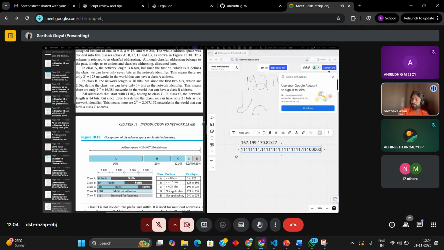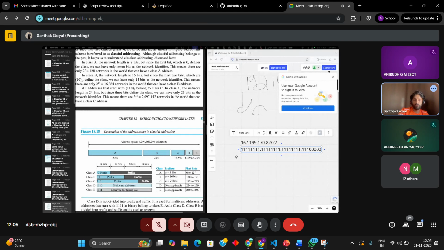Class C is about 24 bits of addresses. Okay, 24 bits, meaning 2 to the power of 32 minus 24 is going to be 8. So 2 to the power 8 is how much? 128. Yes, great. Sorry, I did the calculation wrong. Correct. So Abhineet was right. He gave me 128 addresses based on my needs.